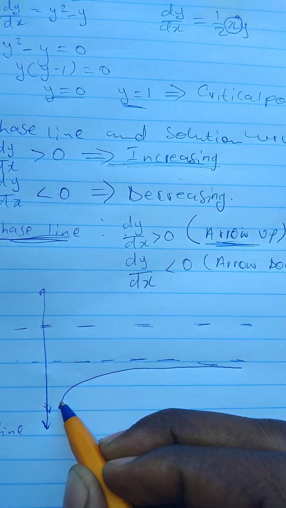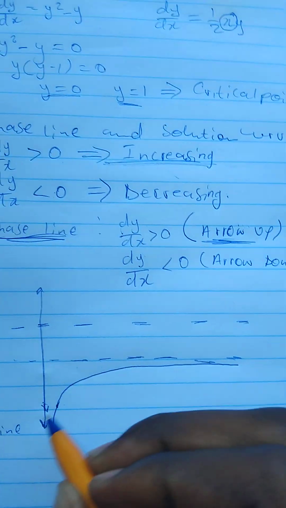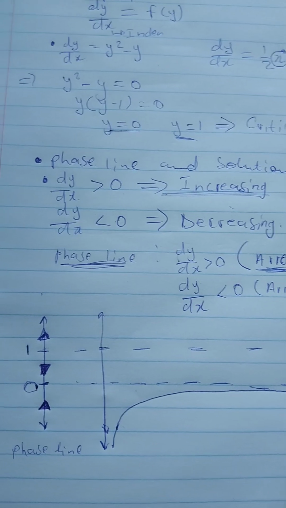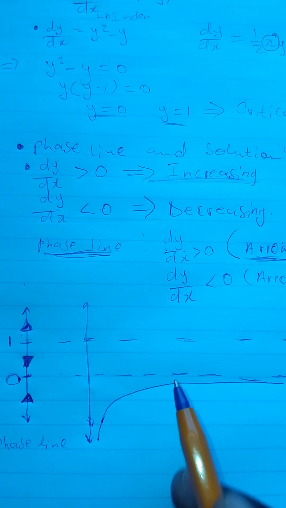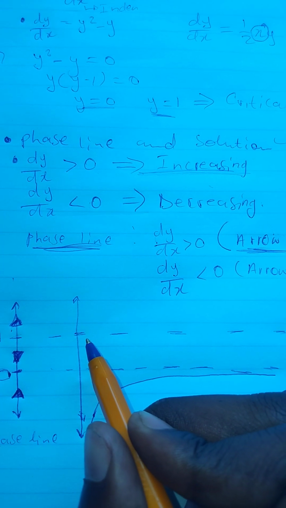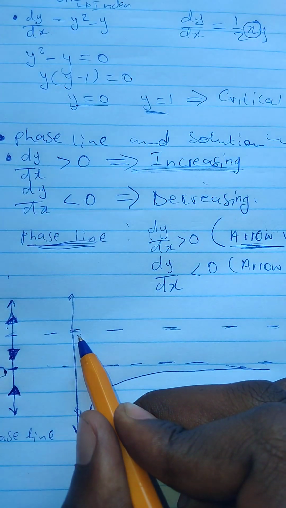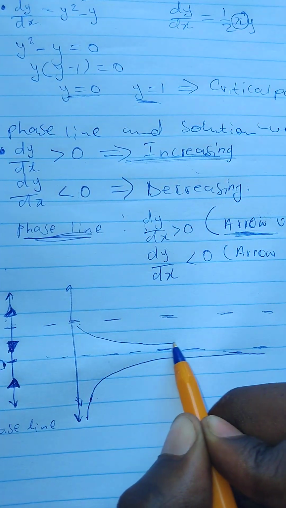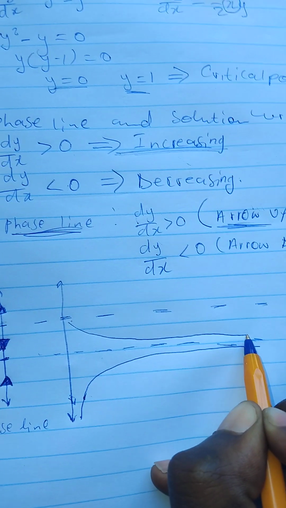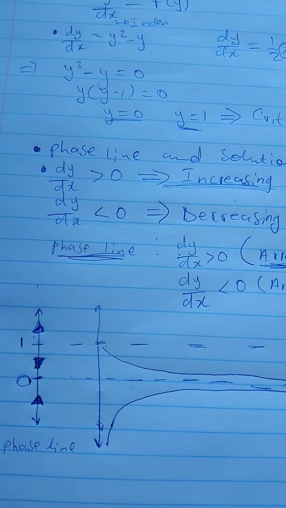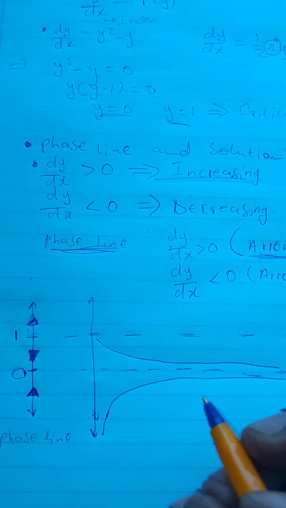Yeah, goes like that. So the slope is always positive. However, between 0 and 1, we have a negative gradient. So a slope like this is suitable for our negative gradient, isn't it?